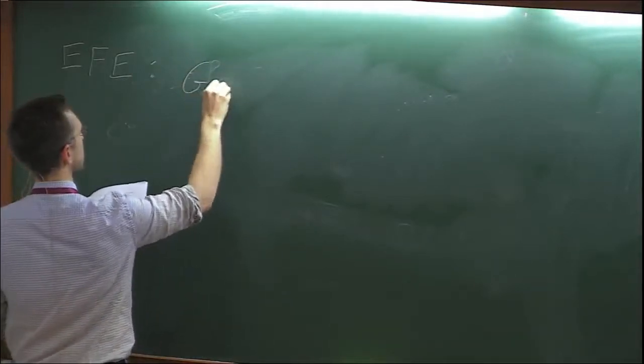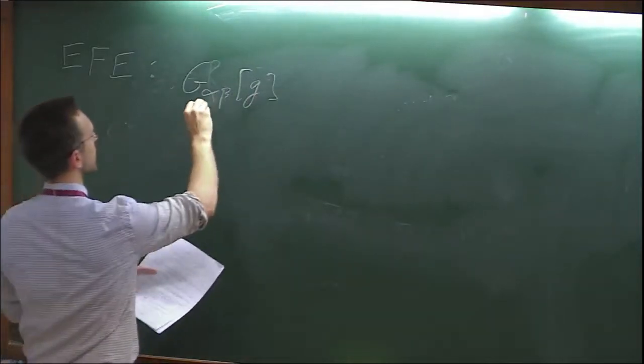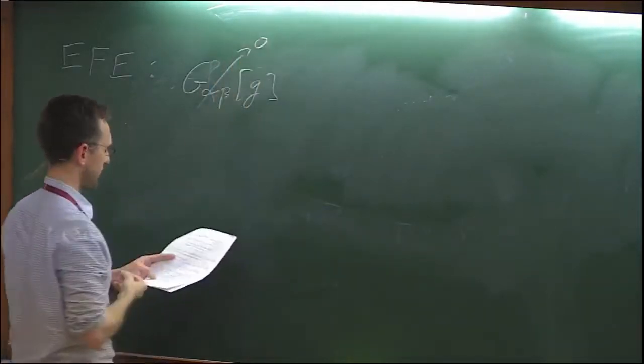Okay, so we now have an expansion of the Einstein equation to second order in h. So the zeroth order term is just the Einstein tensor of the background. We're working in vacuum, so that's 0.